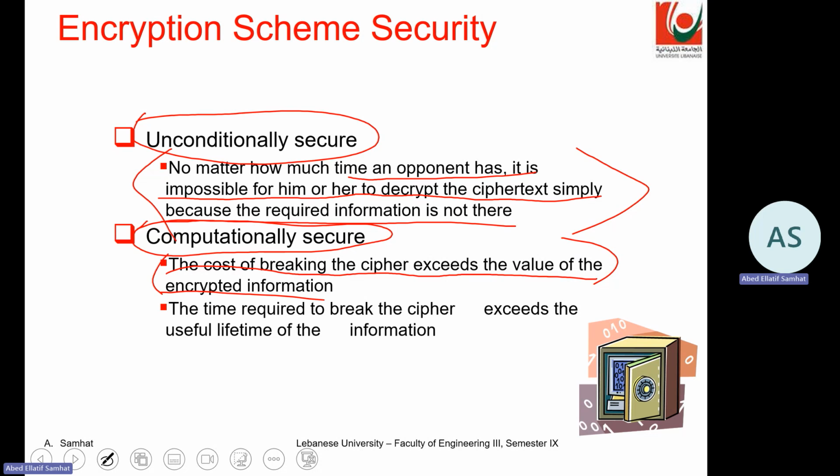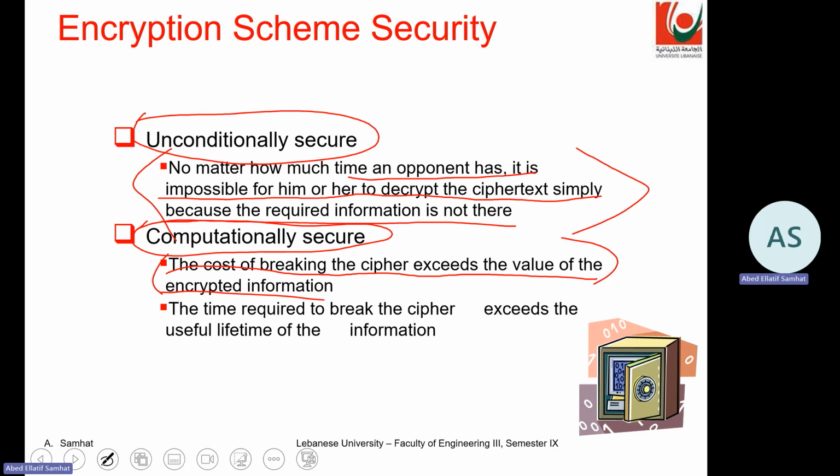If anyone could make an attack and decrypt this message, but it takes a time such that the receiver will already know the information, then it's not a problem that anyone could have this information. So if the time exceeds the receiving time and the decryption time, in this case we can consider that it's computationally secure.